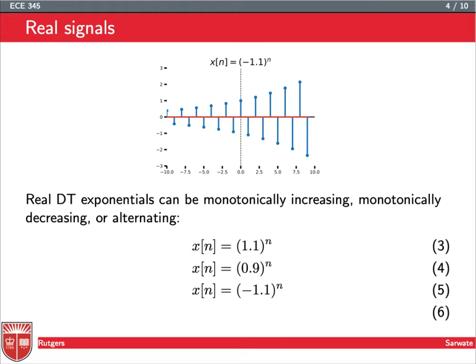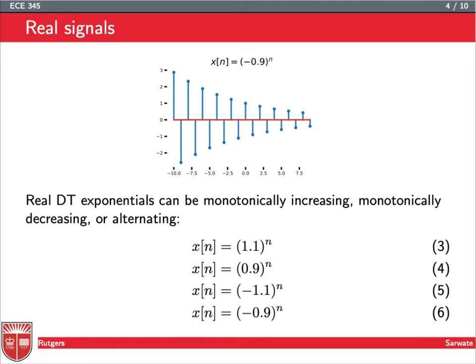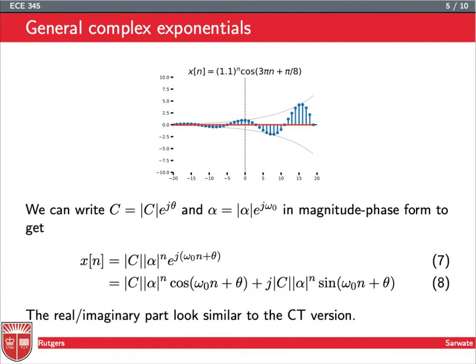Well, it's increasing, but it's flipping sign as it goes along, because the minus 1 is flipping sign as n goes along. And then we can do the same thing with this decaying version, right? So the picture is a little bit different than maybe you have in your mind for real valued real exponentials.